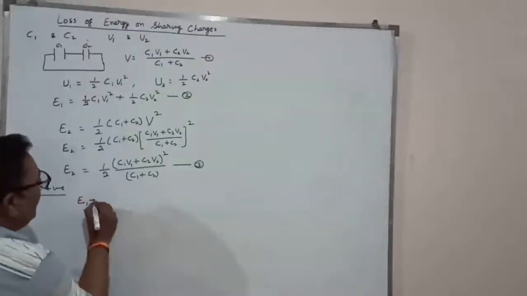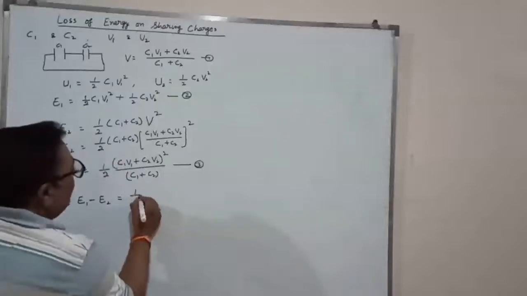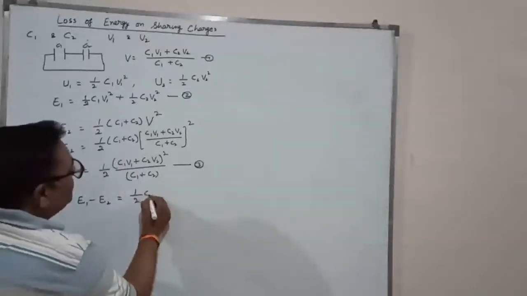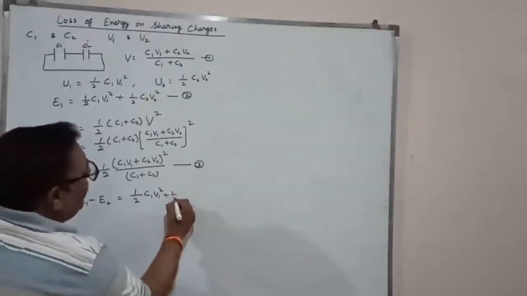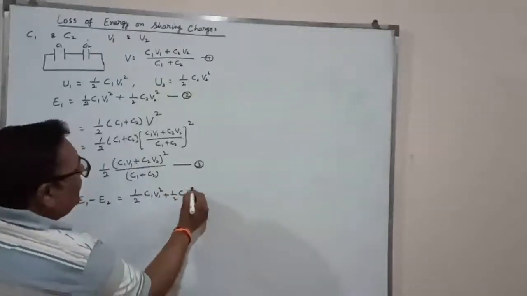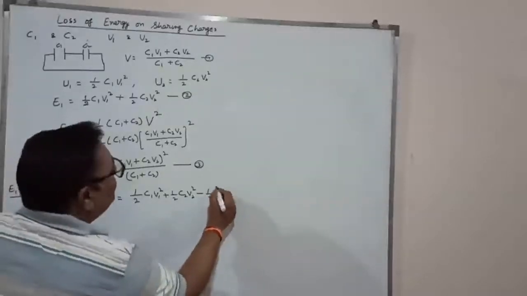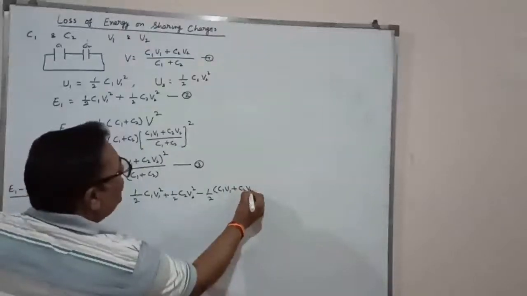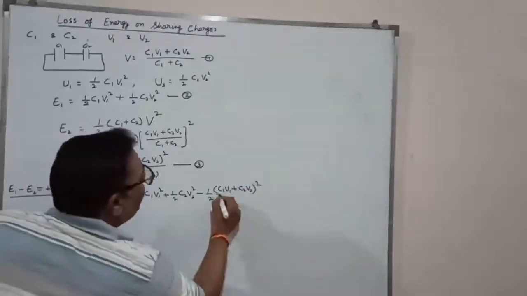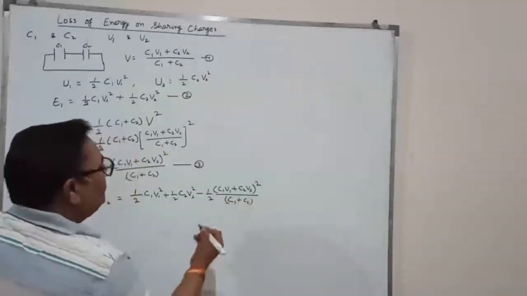E1 minus E2 is equal to half C1 V1 square plus half C2 V2 square minus half (C1 V1 + C2 V2) square upon (C1 + C2).